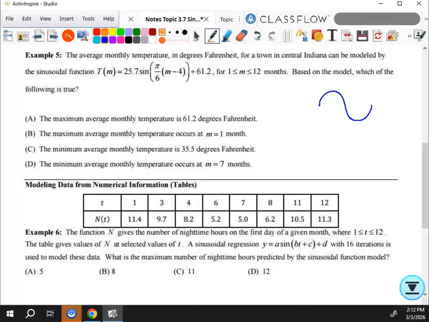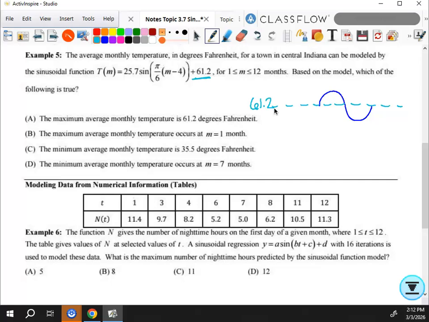Then, just like I've done for everything else, the first important part to me is the midline. The midline is right here. It is what was the x-axis for the parent function. And I know that that midline has a y value of 61.2. We all agree with that?